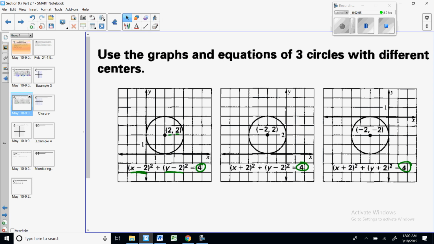That's going to be true with any graph shift for any type of conic section, whether it's the circles here in this unit, or something you're going to see next year in Algebra 2 when you deal with conic sections, or in pre-calc, whenever that may show up again. On our next one in the middle, your x-coordinate is -2, and the sign inside your parentheses is a plus.